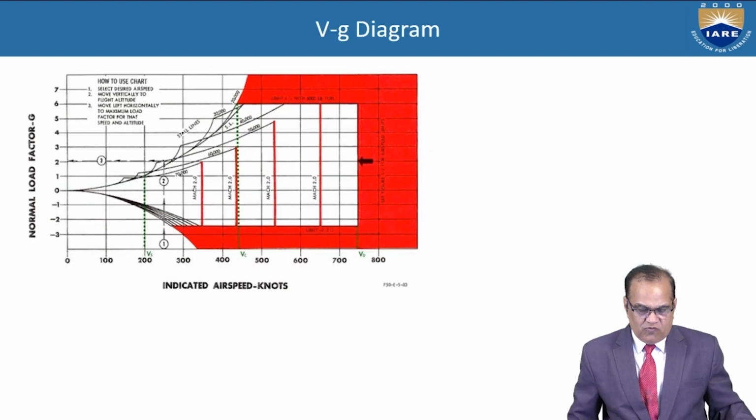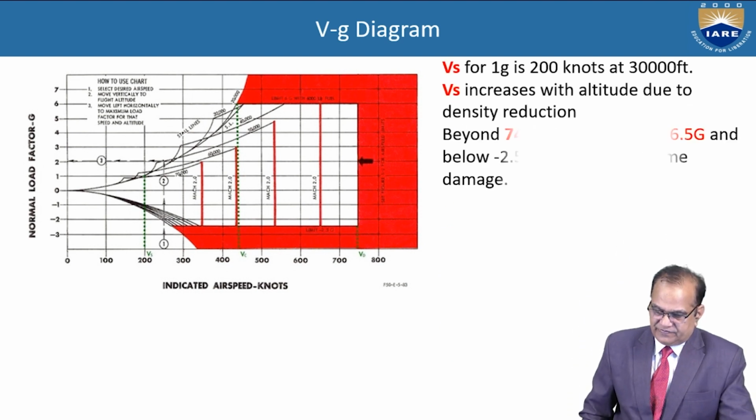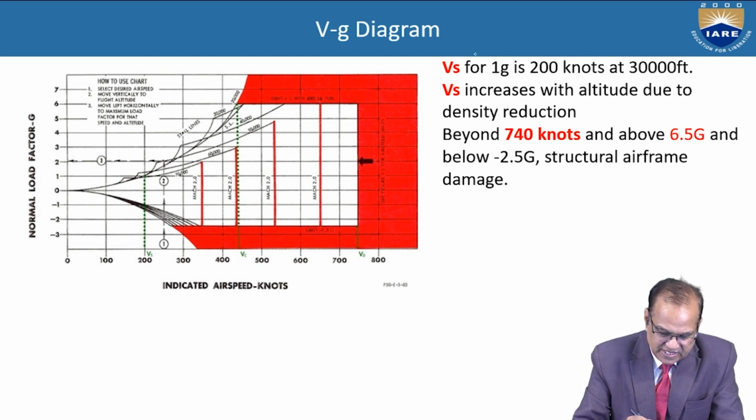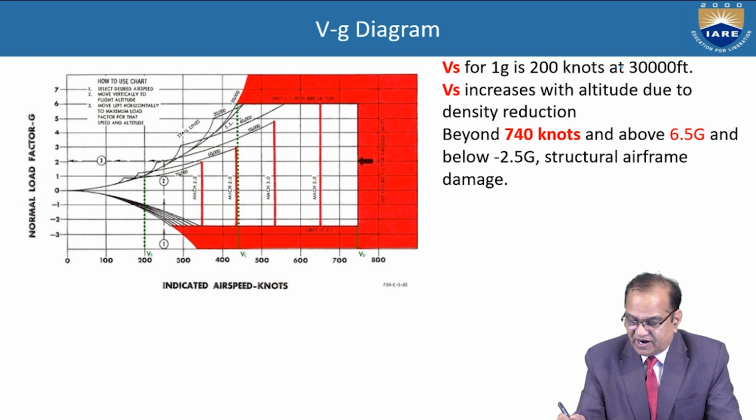Now I will go into the detail of this diagram. Here we can see the VS. VS for 1G is 200 knots at 30,000 feet.